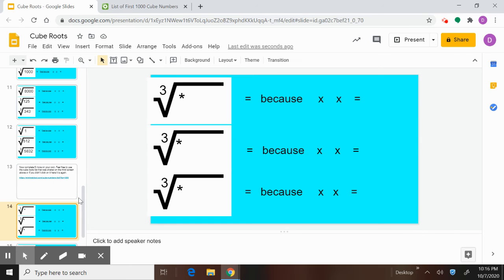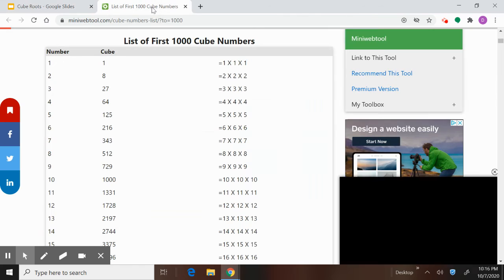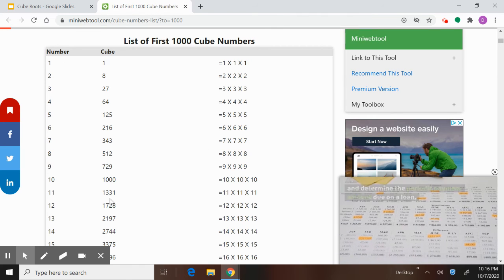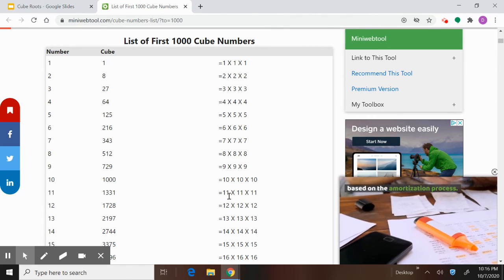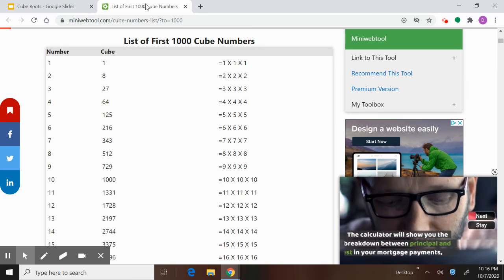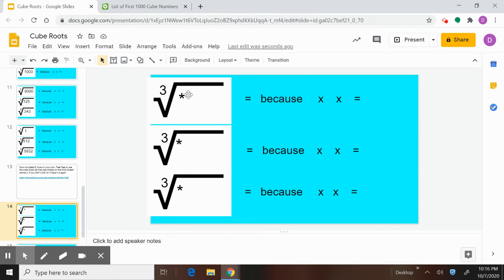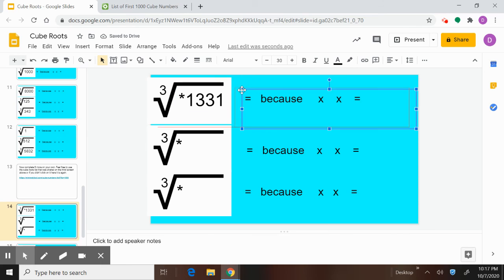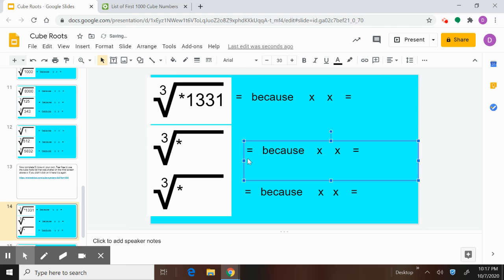Imagine that here you wanted to do the cube root of 1,331, because it's 11 times 11 times 11. You would say, I'm going to take the cube root of 1,331. In this spot, you would type that 1,331. I'm going to move this over, just like I did on the last one, to give you a little bit more room.